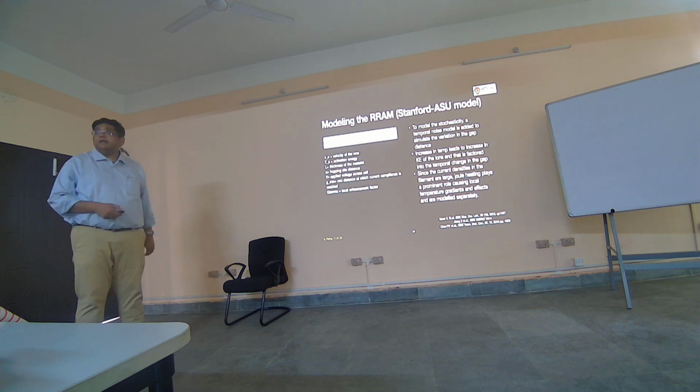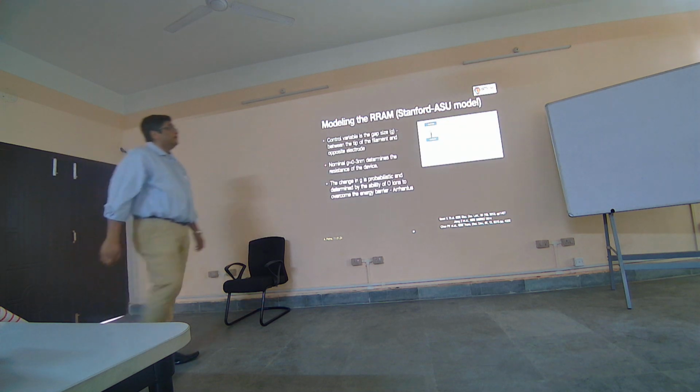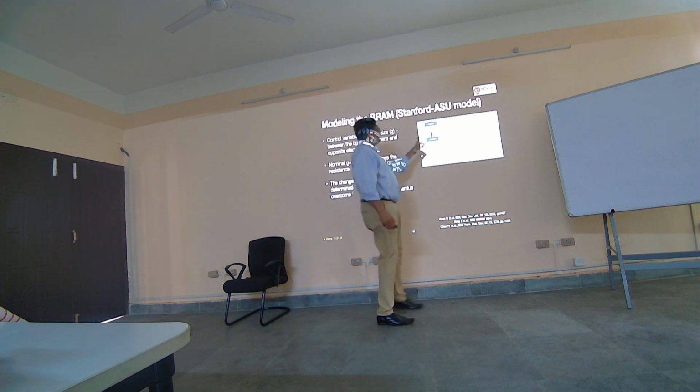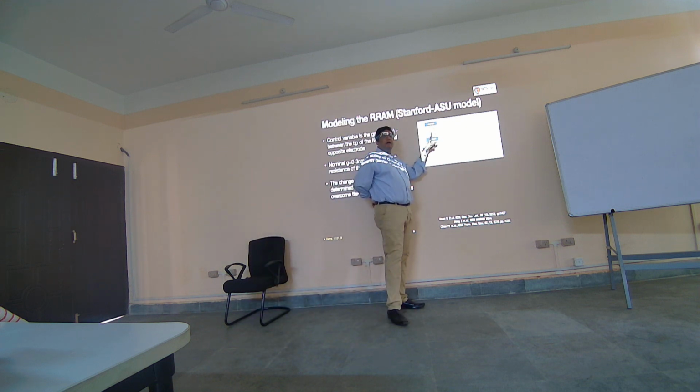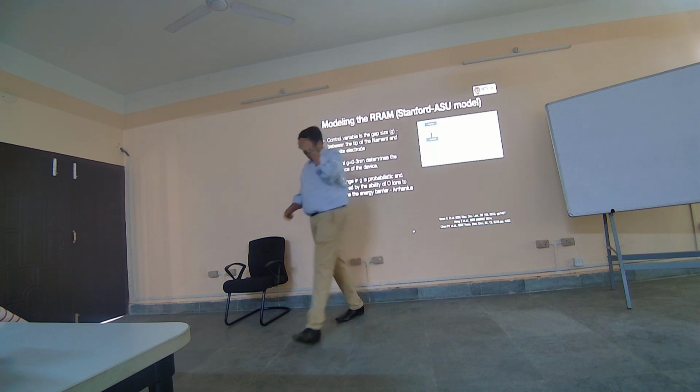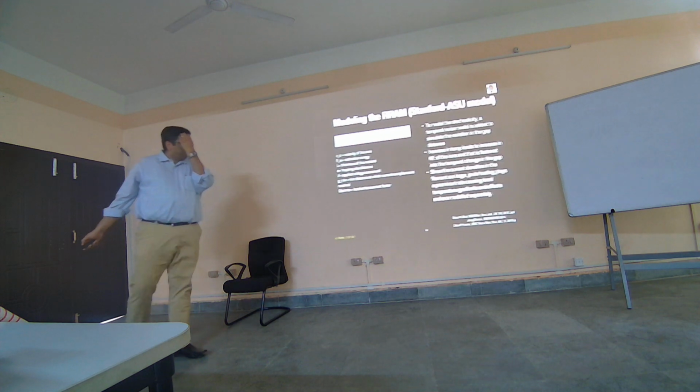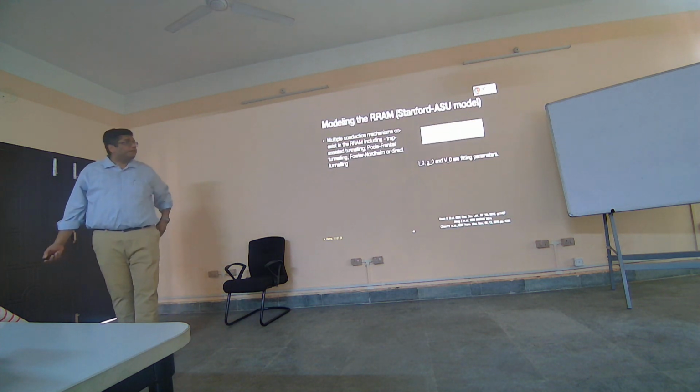And Joule heating: because this is a conductive filament, it has a very high current density, so it's going to have a lot of Joule heating, which affects the local temperature here and changes the vacancy creation. That is also factored into the model.